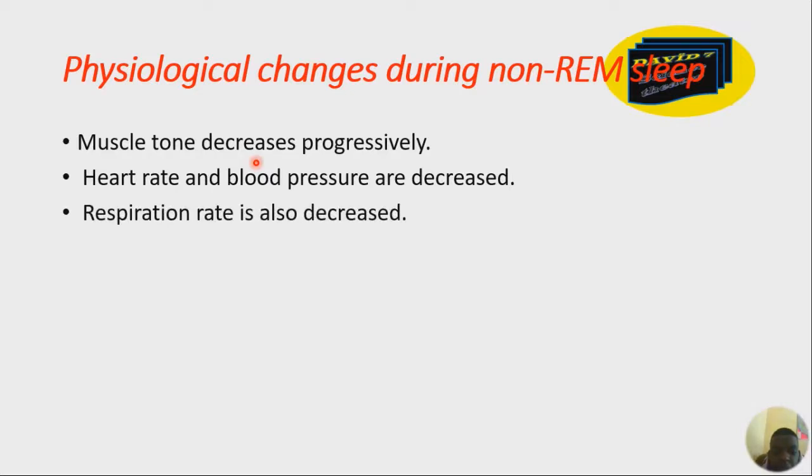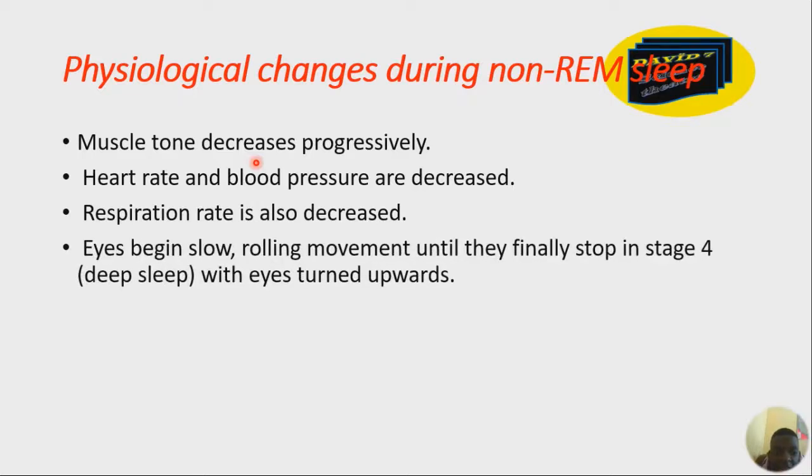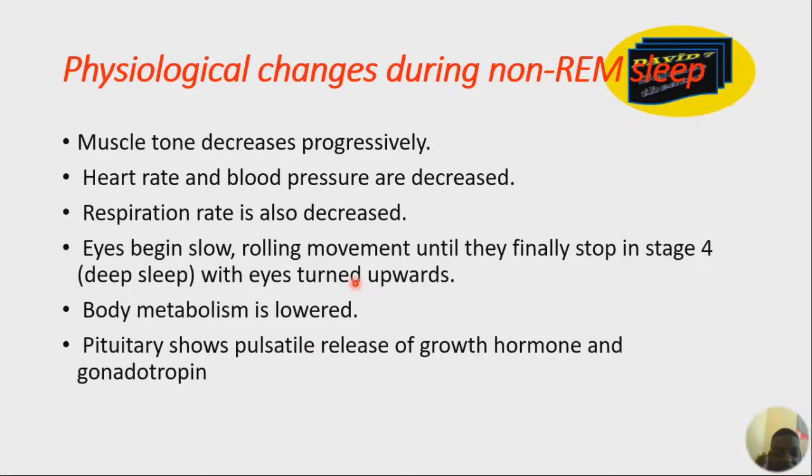Respiration rate will also be decreased. Eyes begin slow rolling movement until they finally stop in stage 4 with eyes turned upwards. Alright, body metabolism is lowered and the pituitary gland will show pulsatile release of growth hormone and gonadotropin in non-REM sleep.